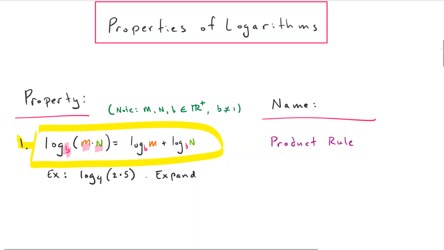I should probably make a little comment right now. This little E looking thing means element of, or in other words, it belongs to the group of something. And the interesting looking R with a plus means the positive real numbers.